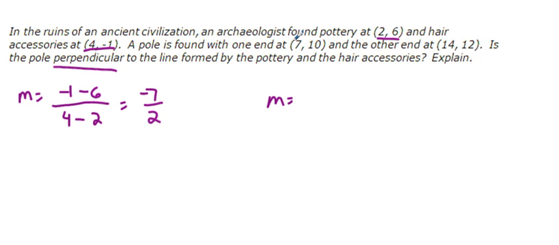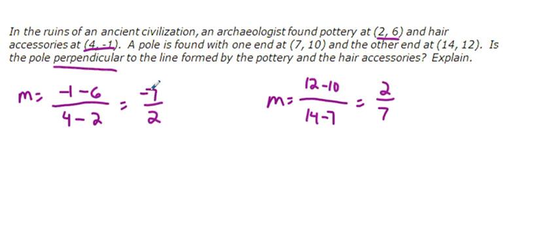So now I'm going to look at the pole and find the slope of that. So again, y2 minus y1, so 12 minus 10, over 14 minus 7. 12 minus 10 is 2, 14 minus 7 is 7.